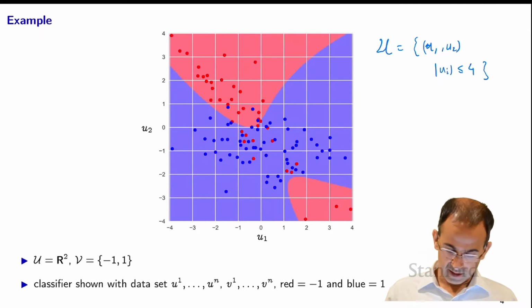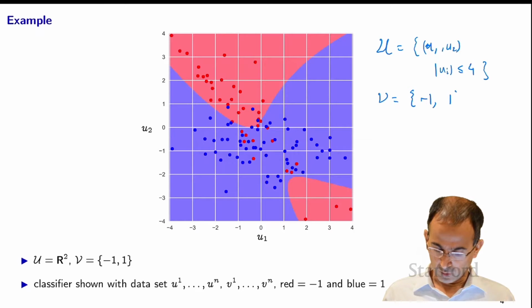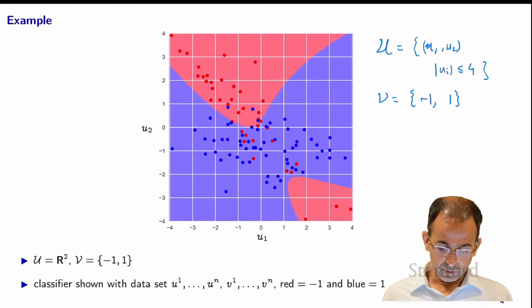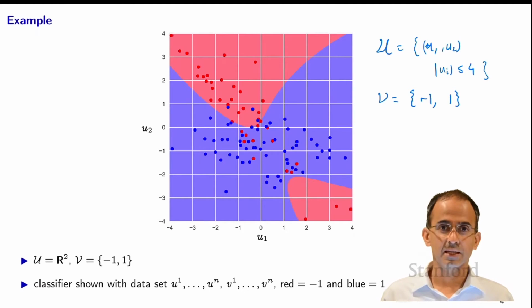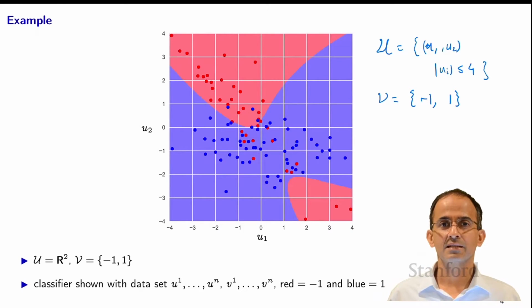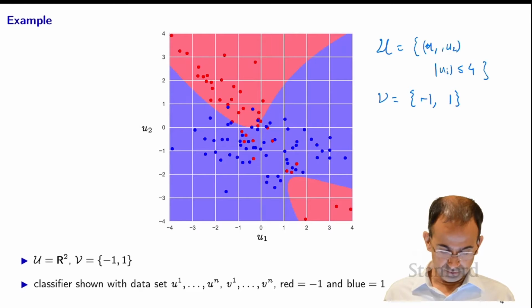And our set V is equal to -1 or 1. We have two categories, one of which is -1 and the other of which is 1. And in this plot, you can see all of our data points. So here there's no split into training and test set. This is just the training set. And there are, I think, 100 points here.